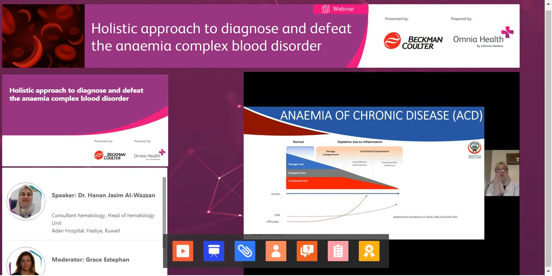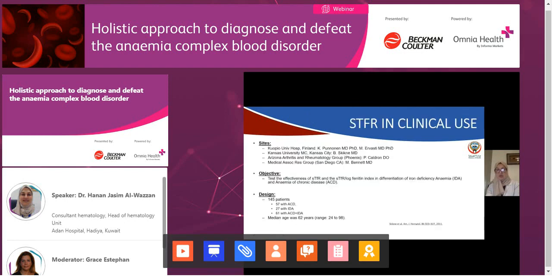However, the serum transferrin receptors start to increase whenever there is iron-restricted erythropoiesis, and the transferrin receptor-ferritin index is also increased.